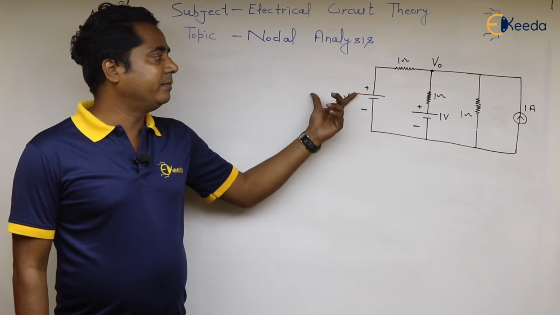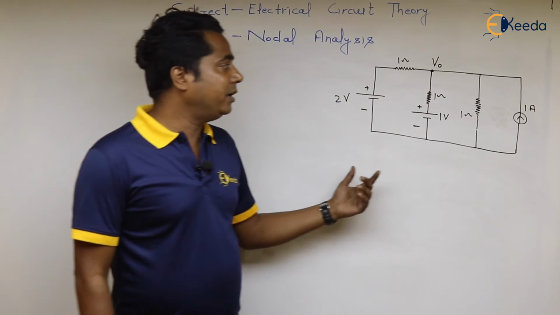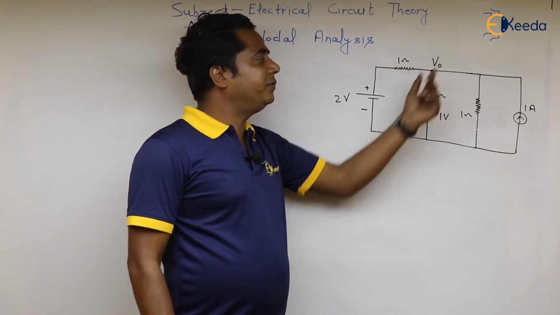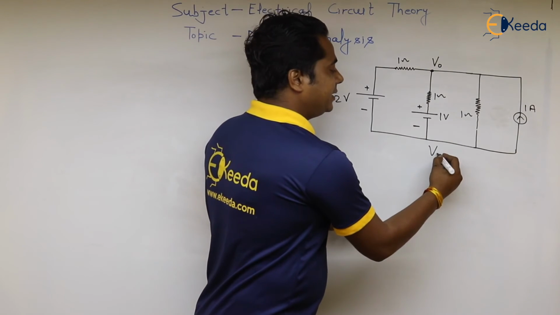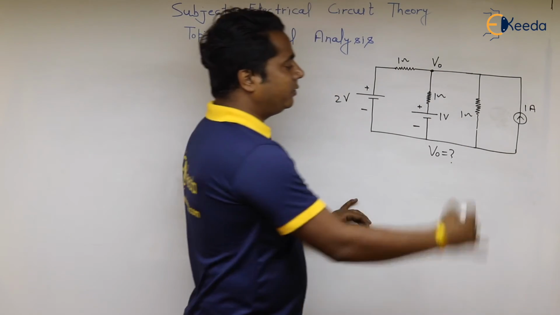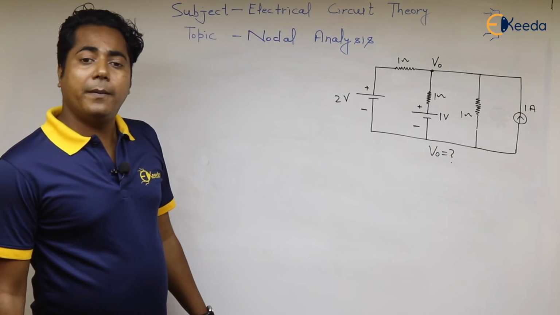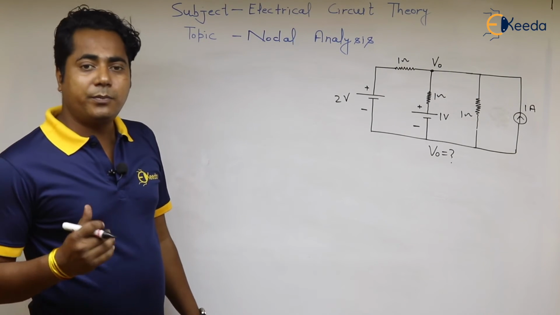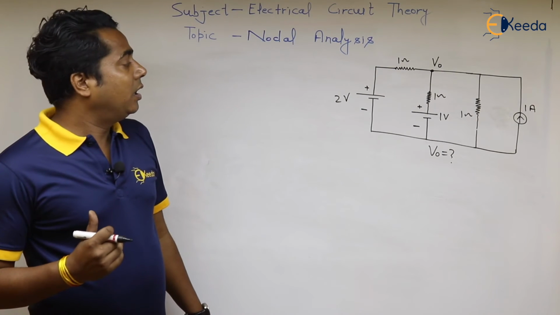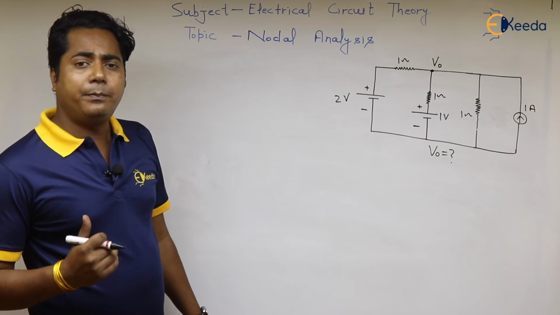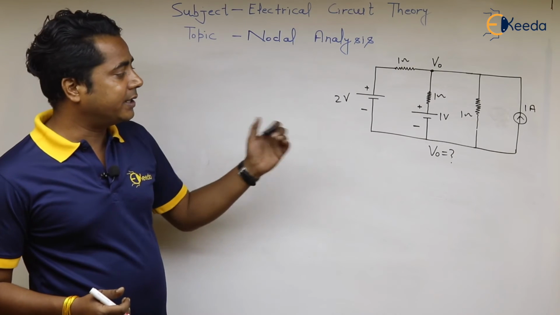This is example number 3, and in this example we have to calculate the value of V naught. So our first procedure is to find out the number of principal nodes in the given circuit.